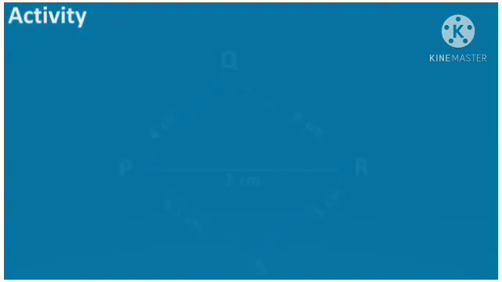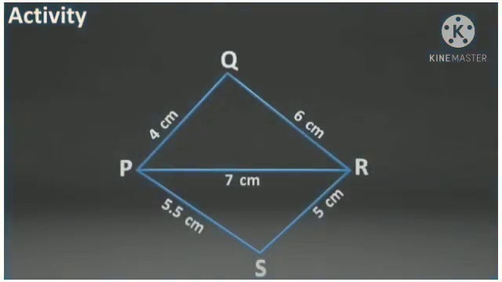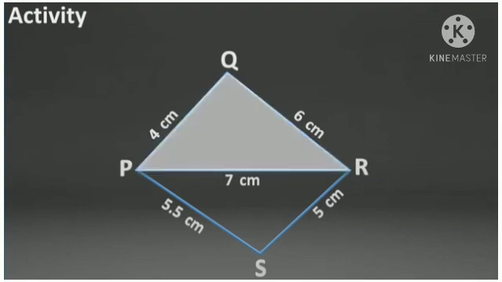Solution. First of all, with the given measurements, we will draw rough sketches that will help us visualize the quadrilateral. From the rough sketch, it is easy to see that triangle PQR can be constructed using SSS construction condition.